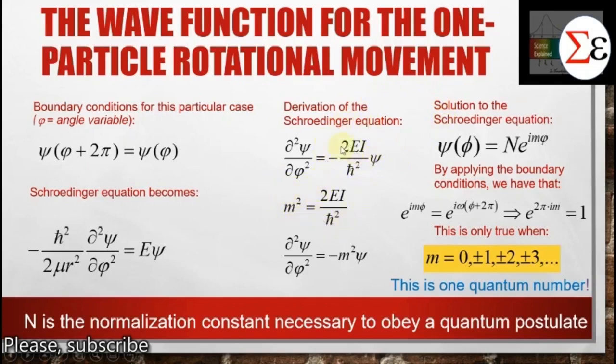These scalar numbers are replaced by this m squared, and we have this Schrodinger equation at the end.